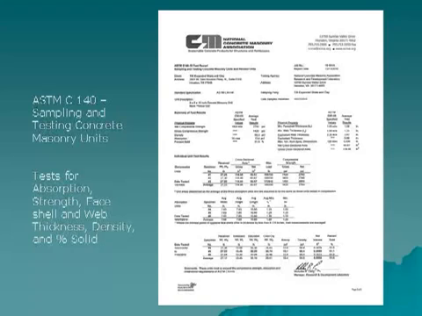As an example, here are the results using ASTM C for lightweight blocks recently manufactured in a Texas block plant. Key numbers contained in this report are net compressive strength of 2,790 psi.